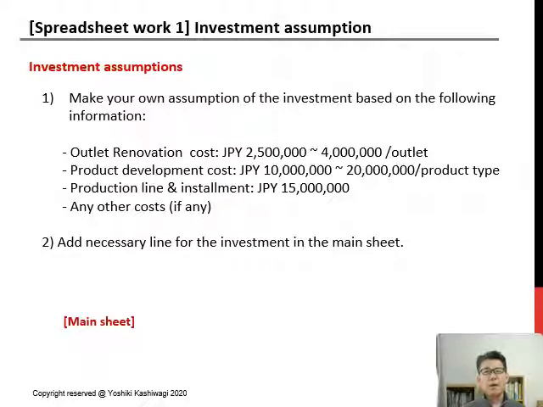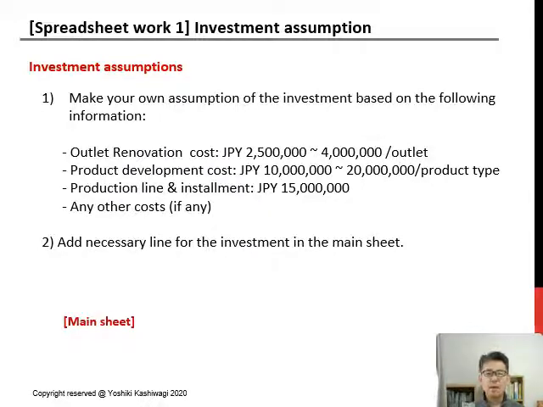In terms of the amount of the investment, you can think about it by yourself, but here's some suggestions or information about outlet renovation, the product development cost, and the production line installment, or any other cost. If you have more, then you do not have to strictly follow this information, but if you don't have any specific idea, just choose some numbers from this list.